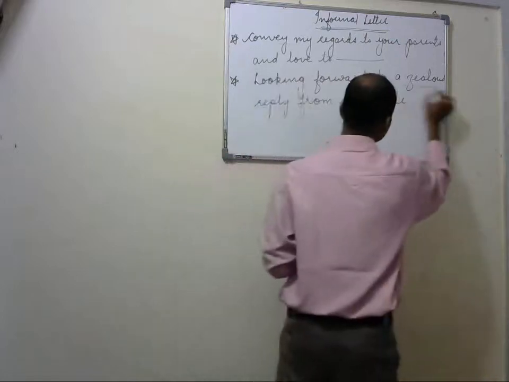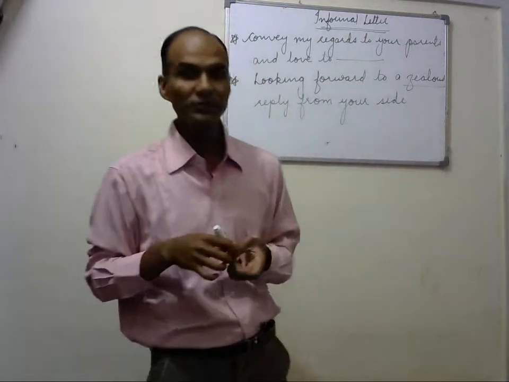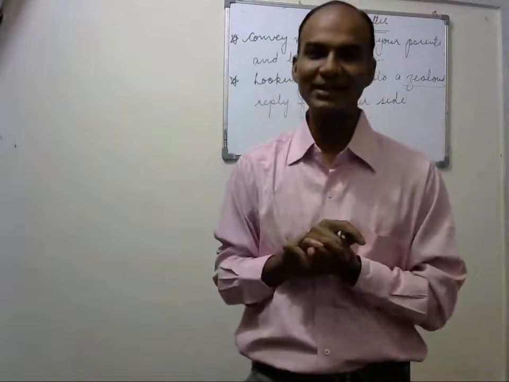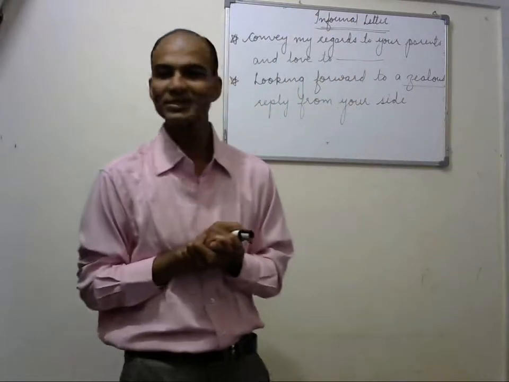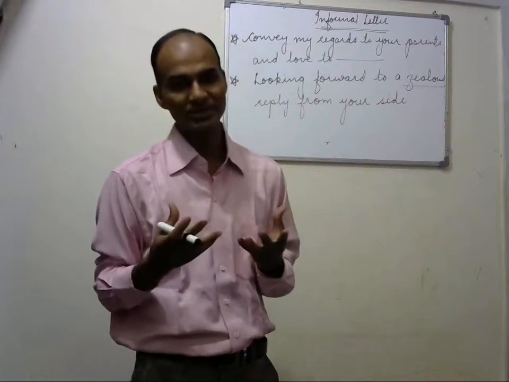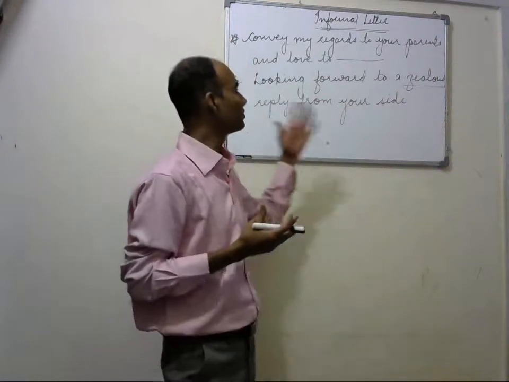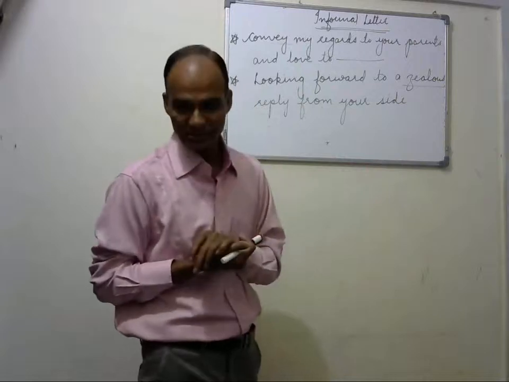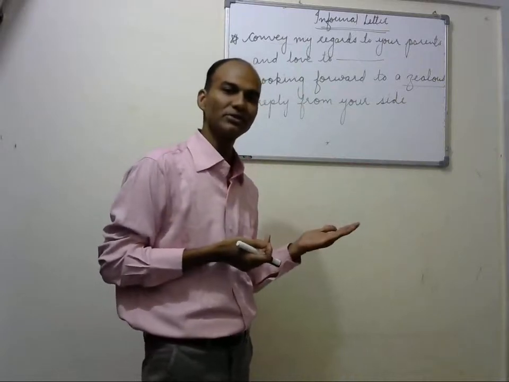Now this zealous, don't confuse it with jealous. Jealous is different, you know, that is envious, and zealous is full of zeal, enthusiasm. So looking forward to a zealous reply from your side, this can be the way to end.